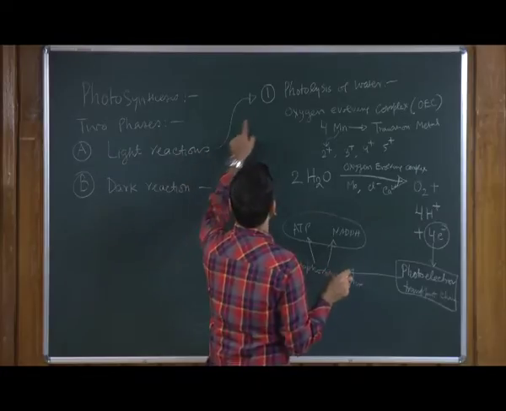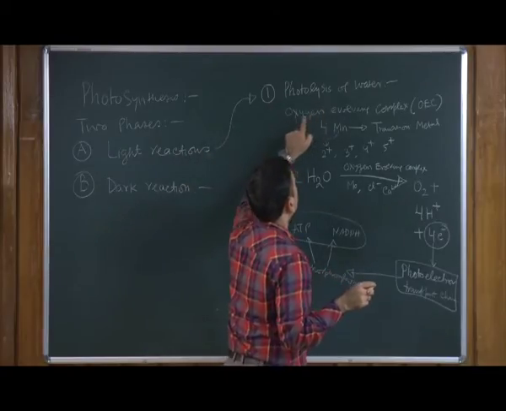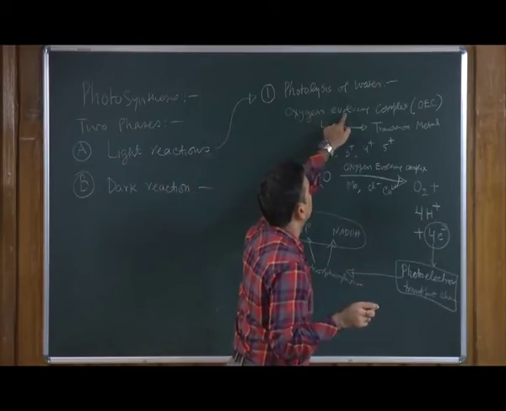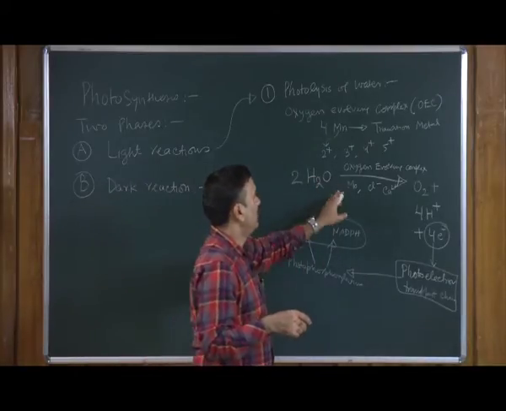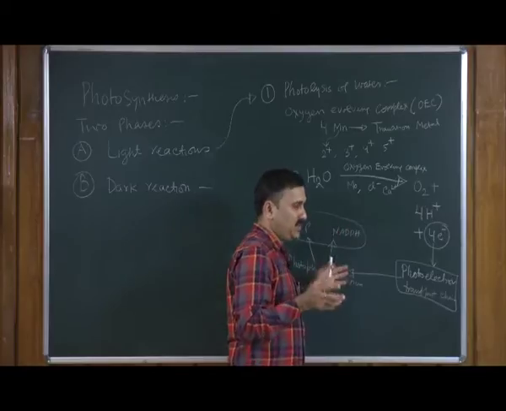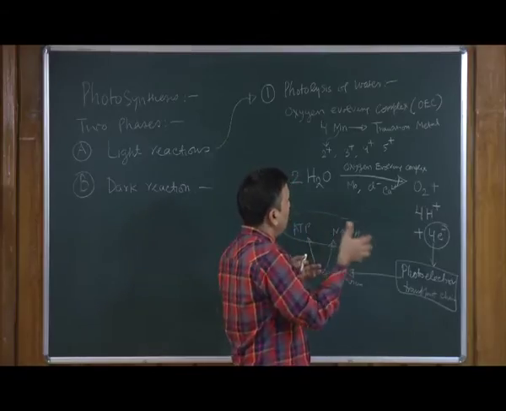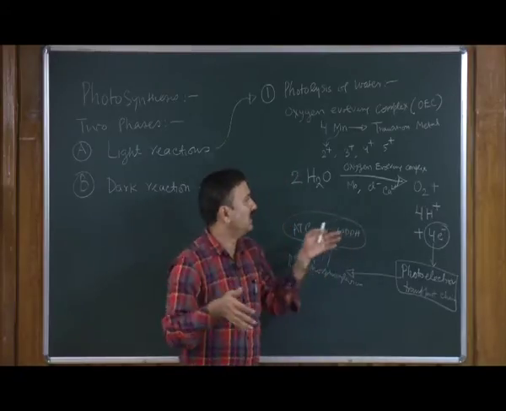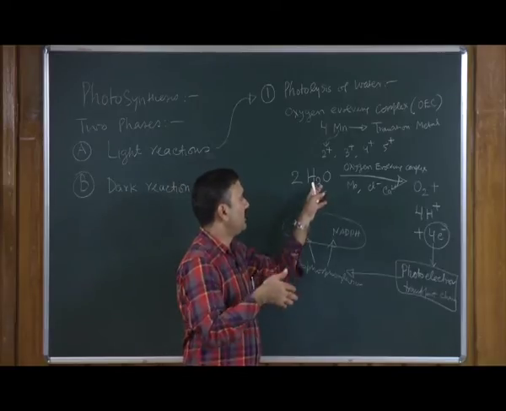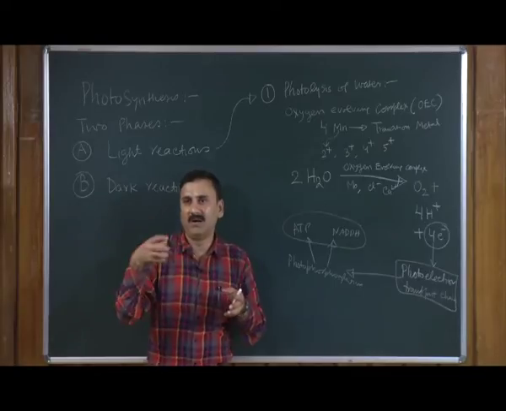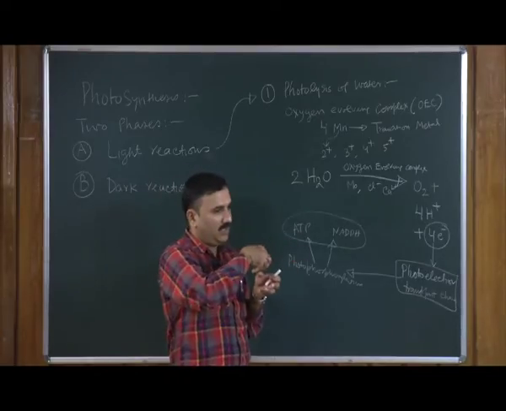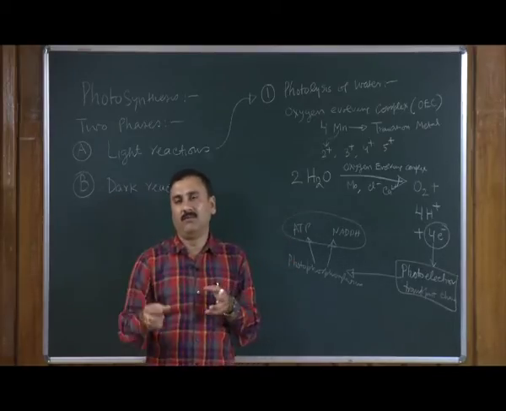So in the light reaction, the first step is the photolysis of water. The photolysis of water is done by the oxygen evolving complex with the help of the transition metal manganese. Because manganese can go through different states, it can take up different amounts of electrons in multiple steps, removing electrons from the water molecules.